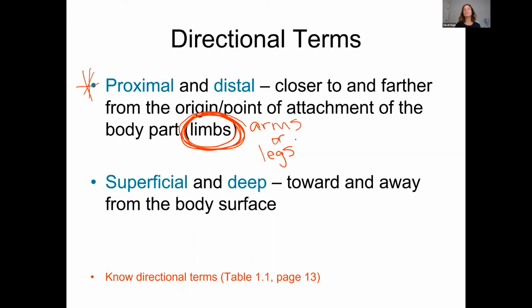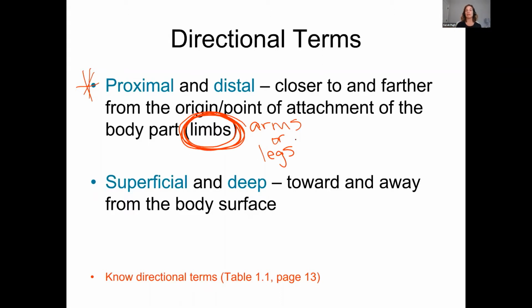So what's the point of attachment, right? If you're looking at your arms, the point of attachment is going to be the shoulders. So let's use these terms first on the arms, okay? So proximal means it's closer to the shoulder. Distal means it's farther from the shoulder. So I could say something like this.